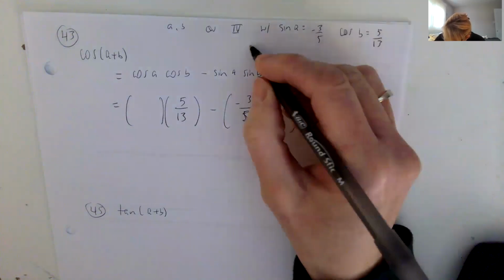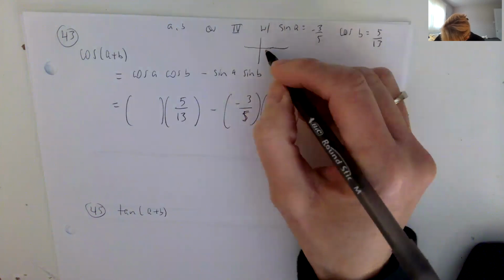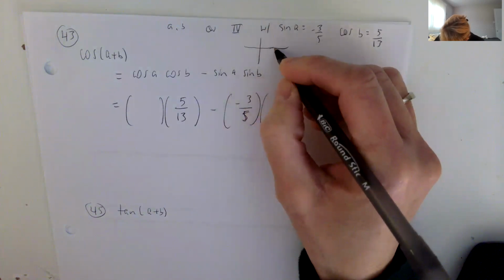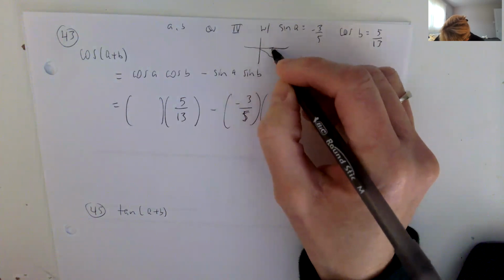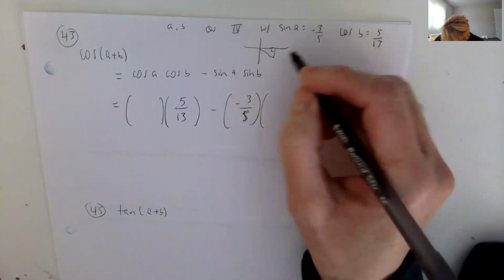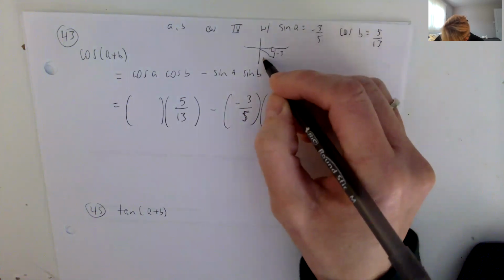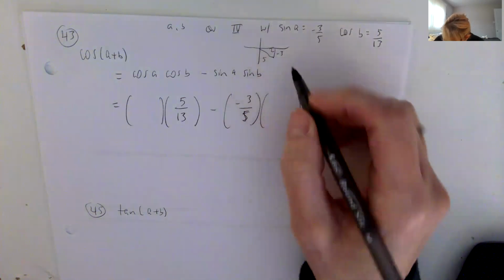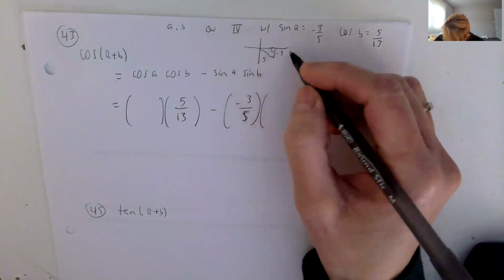Okay, but because we do know this is in the fourth quadrant, let's draw this angle here. We know that sine is a negative 3 and the hypotenuse is 5. So this must be a 3, 4, 5 triangle.